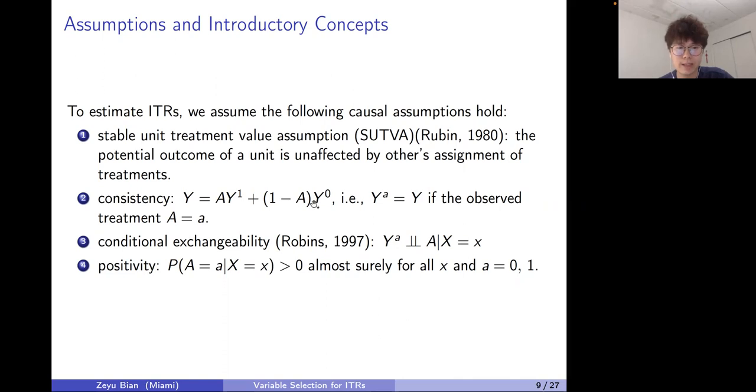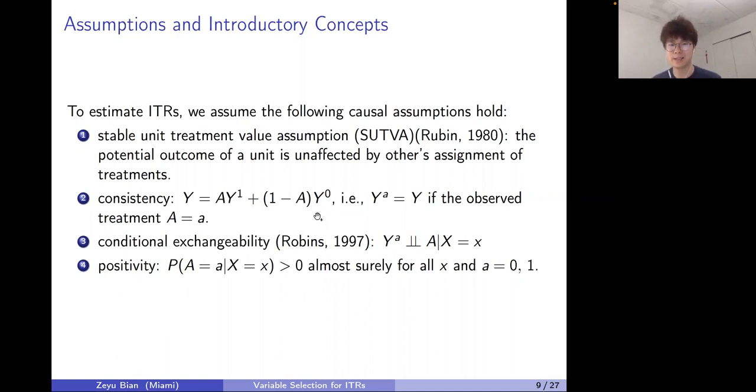And third, we have the conditional exchangeability or no unmeasured confounders assumption. It says that conditional on X, in this subpopulation, the potential outcome is independent of the treatment assignment. So basically, we are mimicking a randomized experiment in this subpopulation.